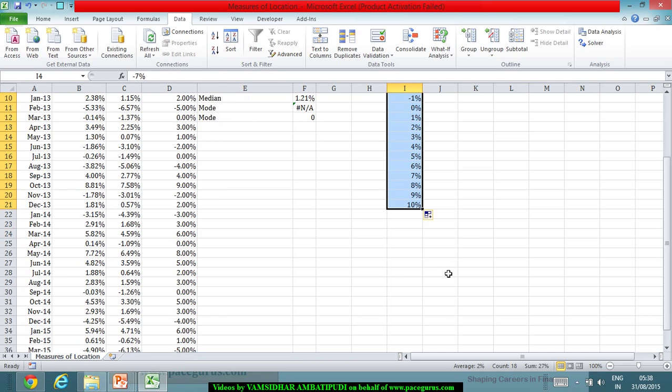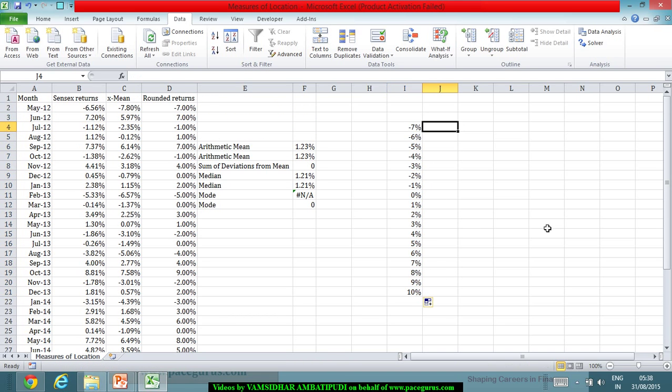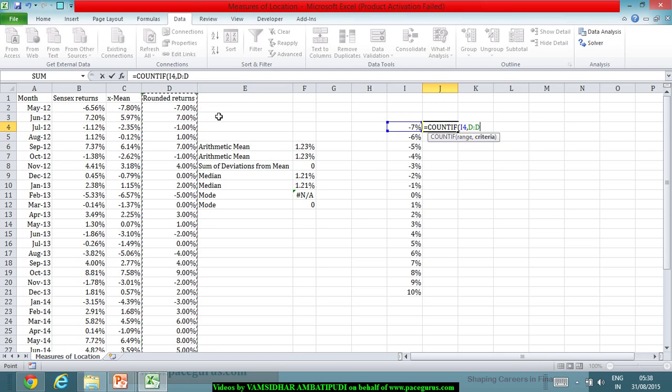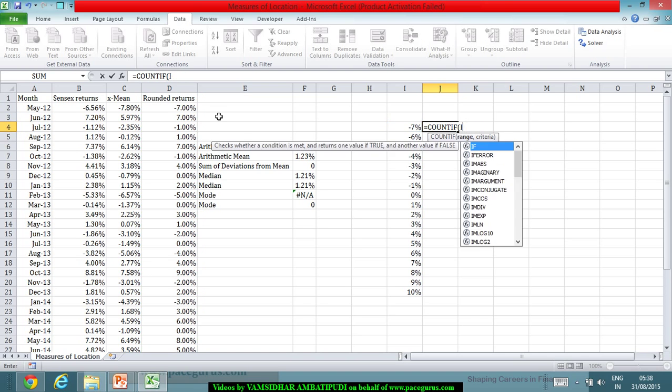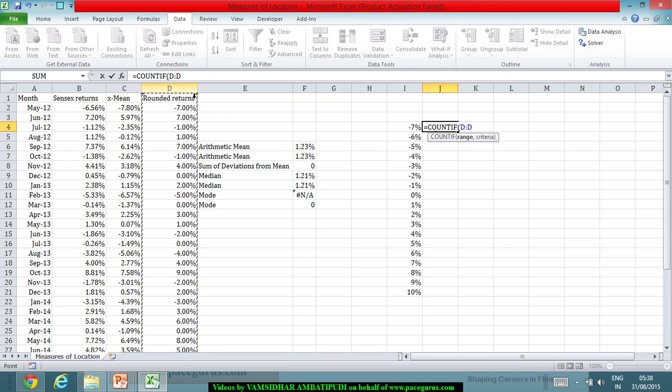Let's say I am doing it up to 10%. Within this entire data, how many times each observation is coming.